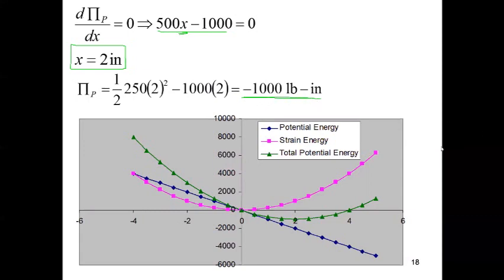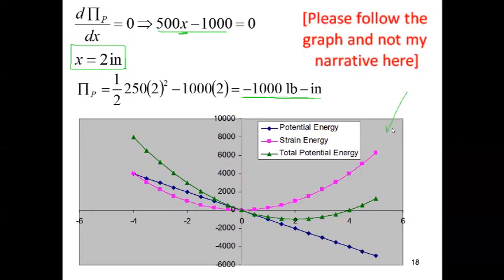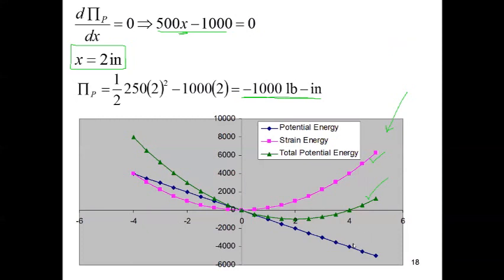This figure shows the potential energy, the strain energy, and the total potential energy. Please pay attention to the total potential energy, or the minimum total potential energy. It occurs when x equals 2.